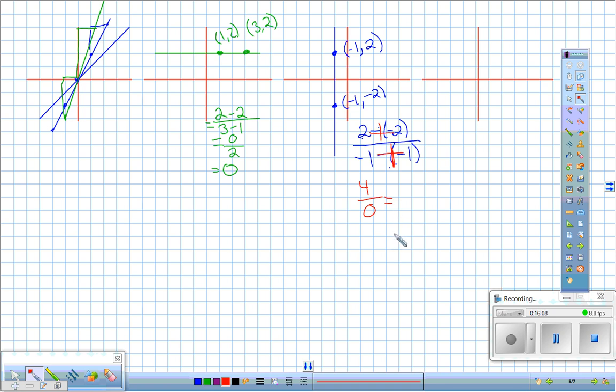You can't divide a pie into 0 pieces. Okay, I guess you could eat the whole thing. This is called not defined or undefined. I don't care which word you use. I often use DNE for does not exist.